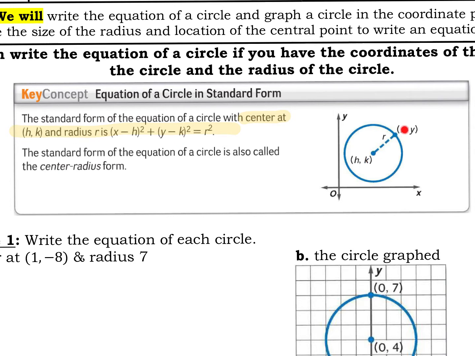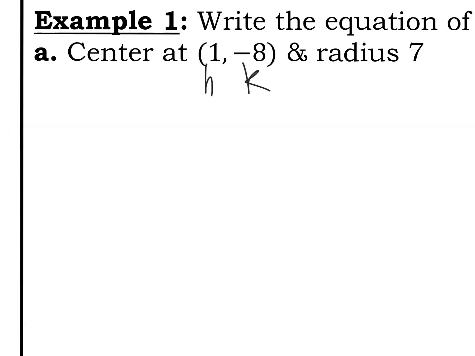So that's the basic concept with it. A lot of times the radius is given to you, otherwise you'll have to measure the distance between your center point and the edge, and then you'll have to square it for what your equation should equal, okay? So in this first example, I have a center at 1 comma negative 8 and a radius of 7. So your equation is very simple.